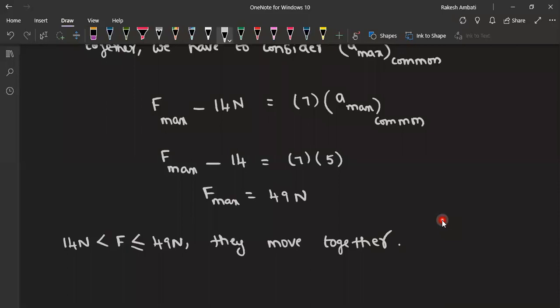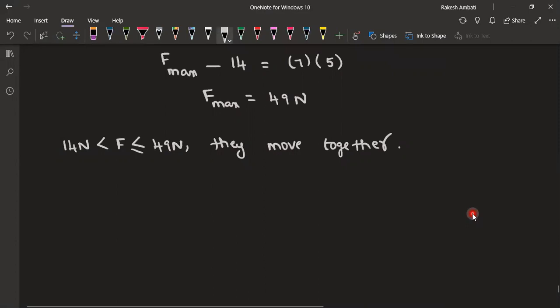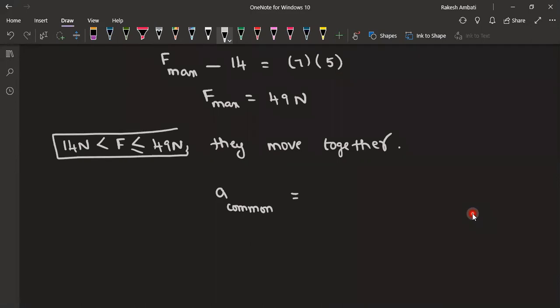Is it clear? If they move together, what is the common acceleration formula in this range? F minus 14 by 7.